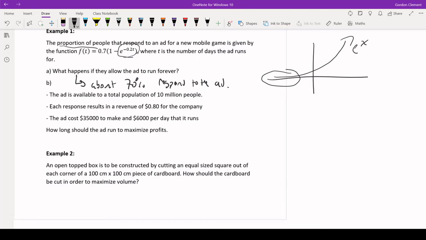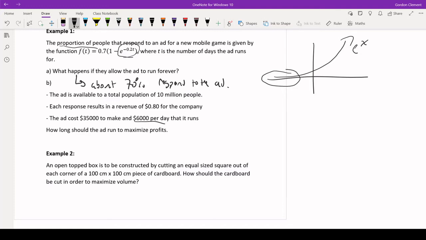That's kind of establishing that it's going to be a bad idea to run it forever, because it costs them a certain amount per day to run. Eventually they're not getting any new responses or any more revenue, and the cost keeps going up and up. So that's our hint that the endpoints here aren't necessarily going to be the best idea.